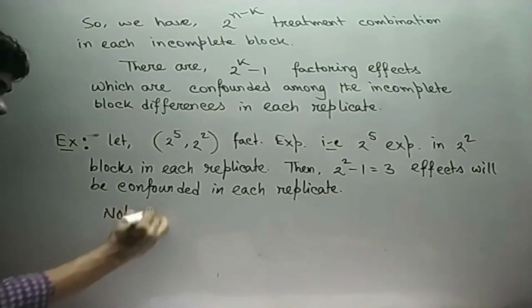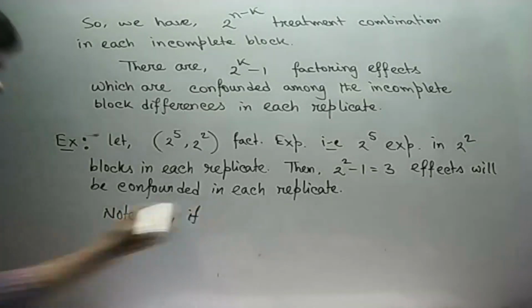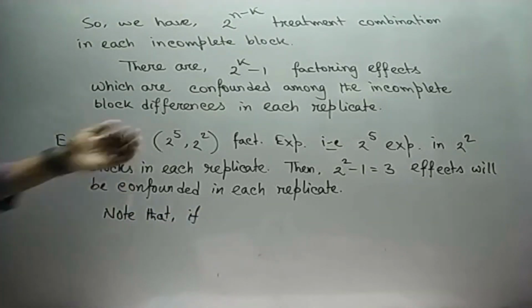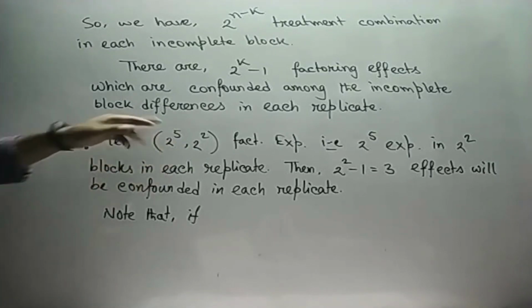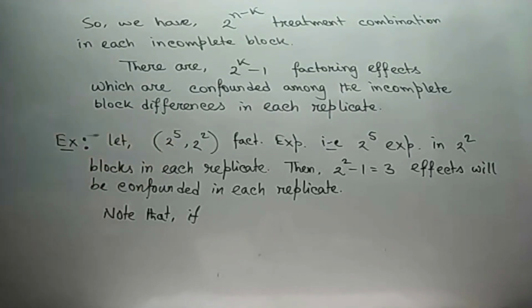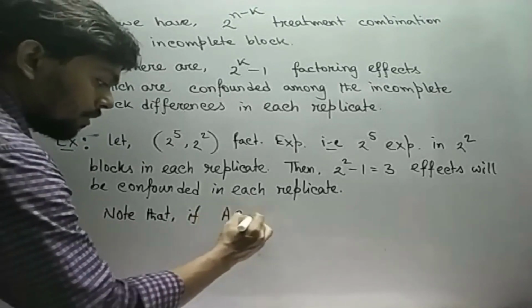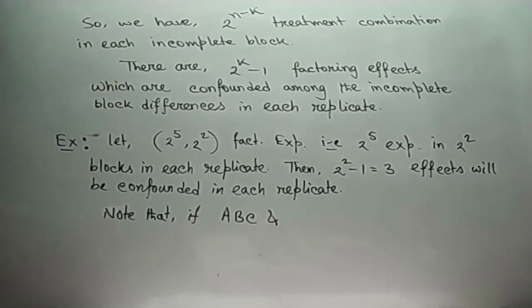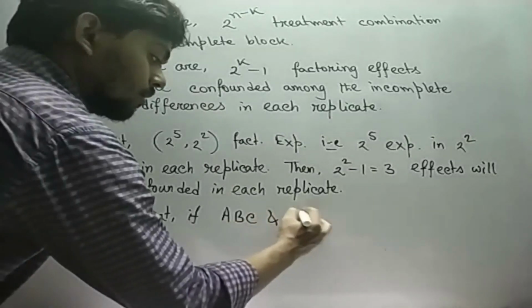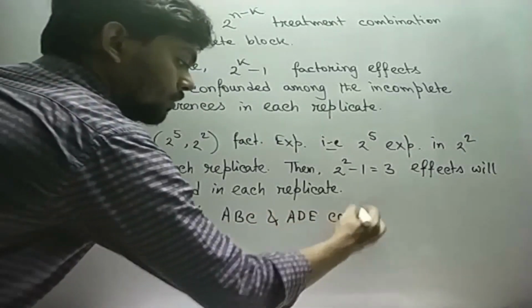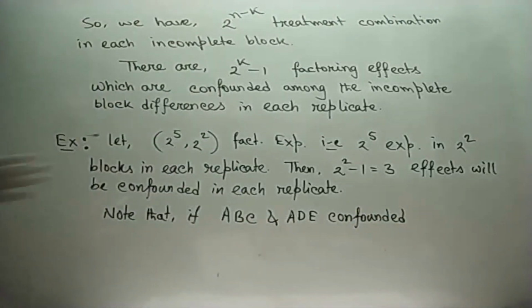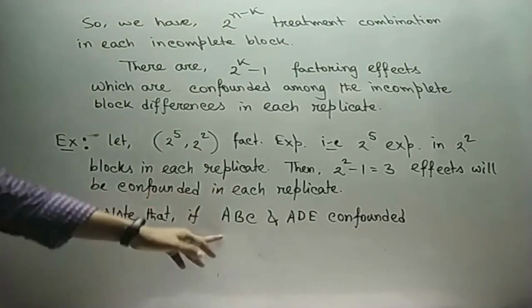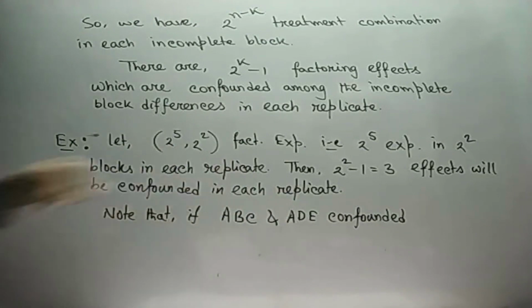Now note that if we have 5 factors, that's why we have 2 to the power 5 minus 1 treatment combinations. So let's say ABC and ADE are confounded.